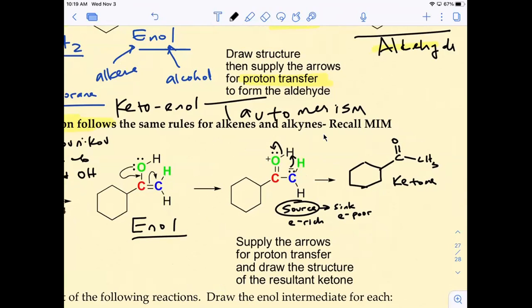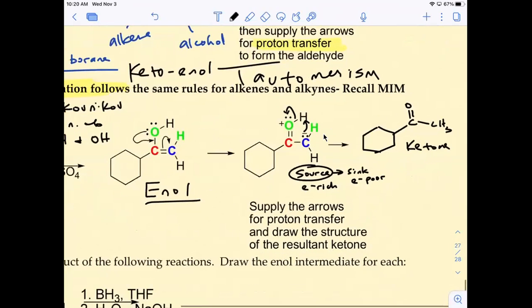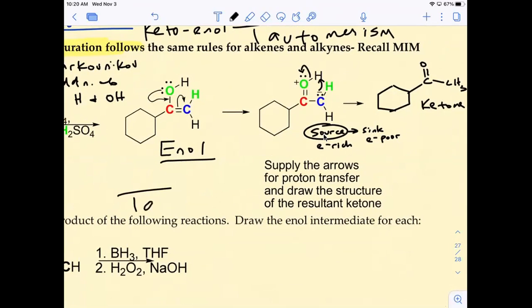It's a concerted process, but I'm showing it stepwise so that you can get an idea of what's actually happening between the enol and the ketone form. All right, so we're gonna stick with this, but in reality, this all happens all at once. And again, this is what we call tautomerism.